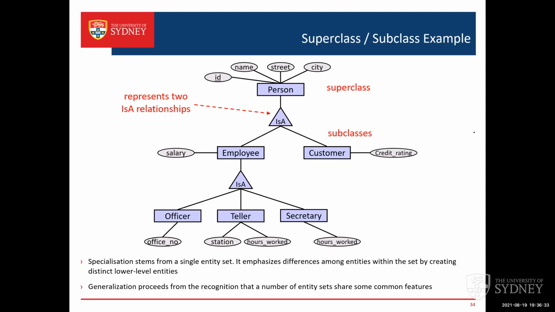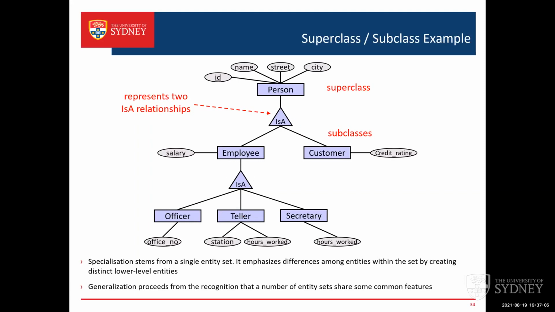But I can change one into a disjoint. First one is overlapping, because someone already gave us a clue that one person can be an employee and a customer. Think about a bank employee. The person is an employee at that bank and also has an account in that bank. So a person is an employee and a customer.